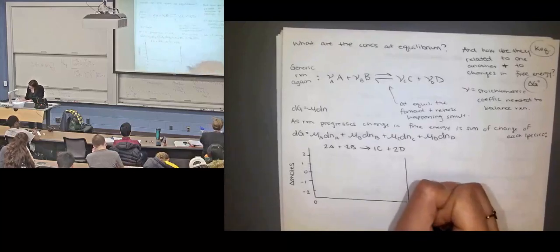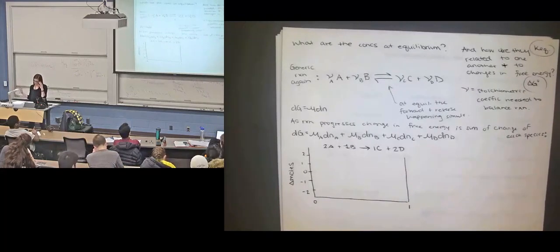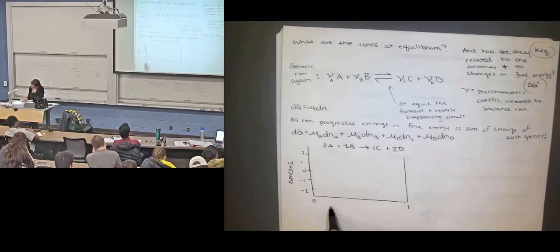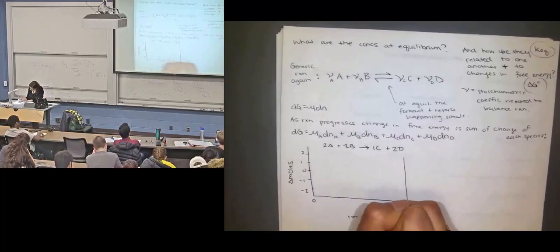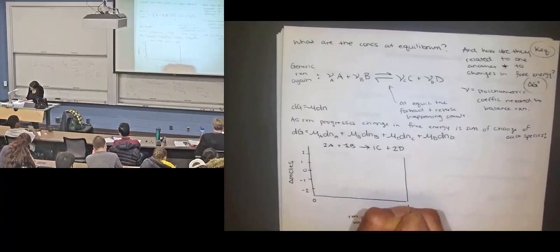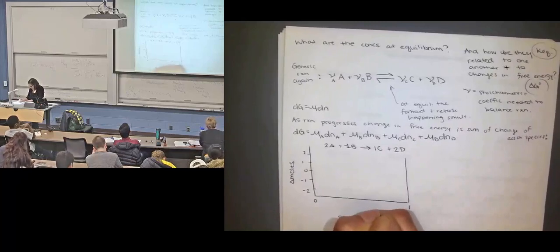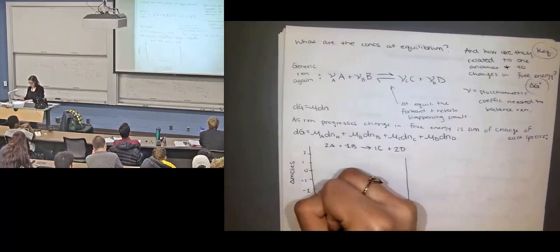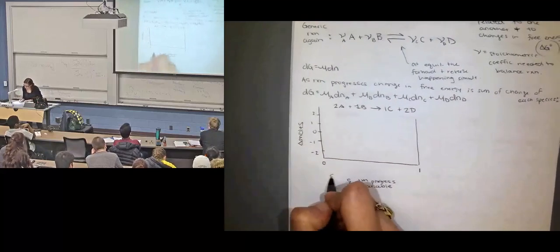This is 1, representing the complete and full forward reaction going to completion. We know in real life reactions very rarely go to completion in the forward direction, but let's imagine they can. We're going to call this x-axis the reaction progress variable, and we're going to give it the notation xi. It kind of looks like a 3 with a line.